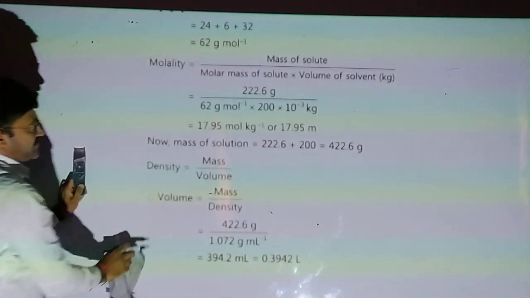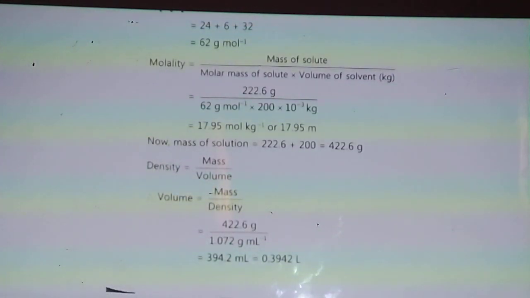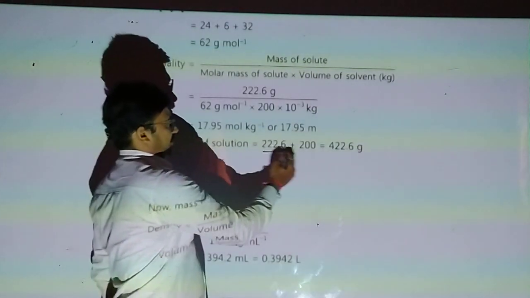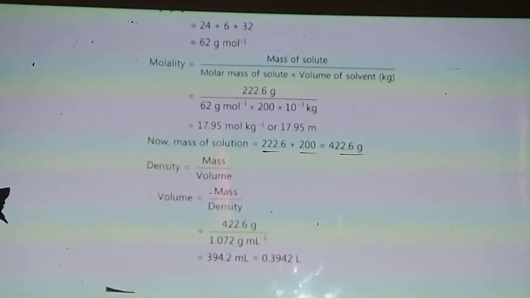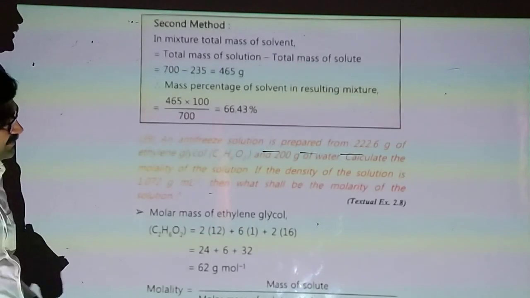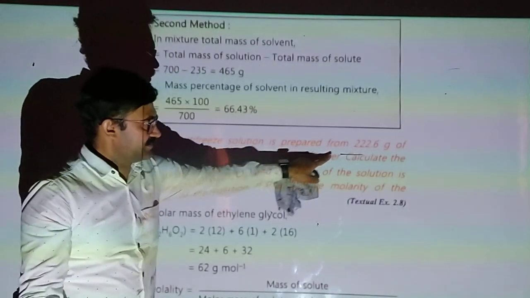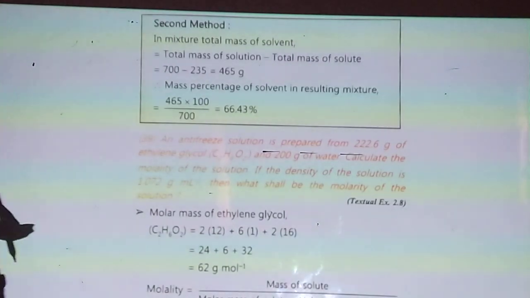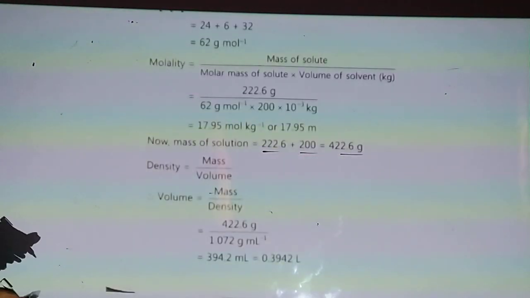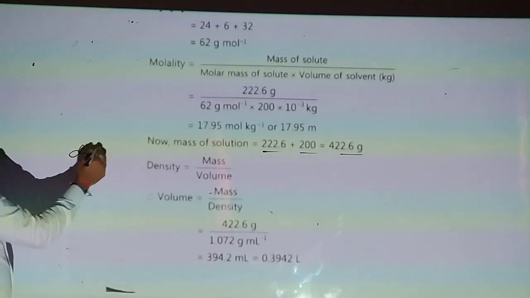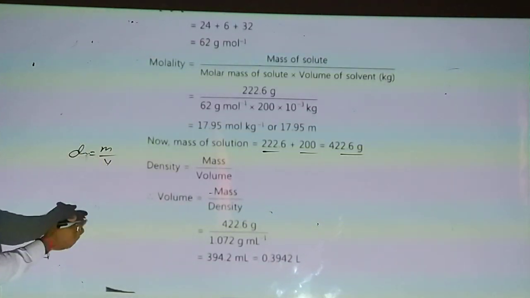Now mass of solution total: solute plus solvent. It is given in question, 200 gram water, 222.6 gram ethylene glycol. Total mass of solution 422.6. So density is equal to mass upon volume.